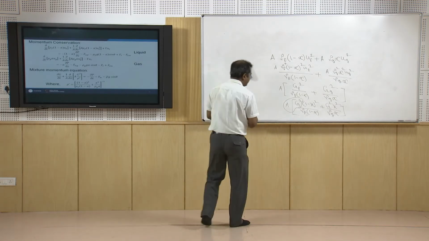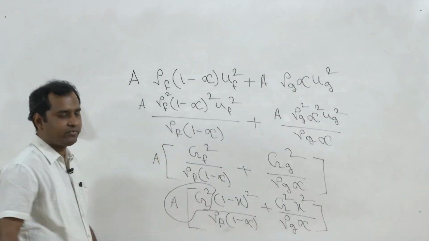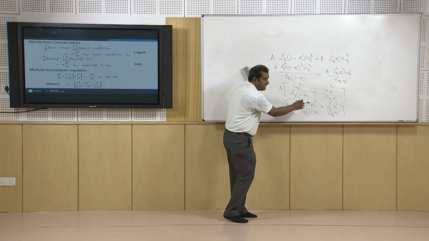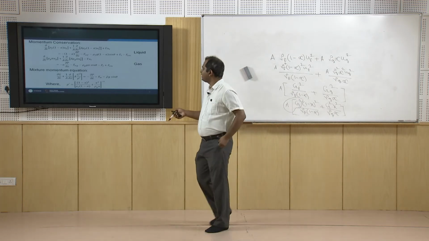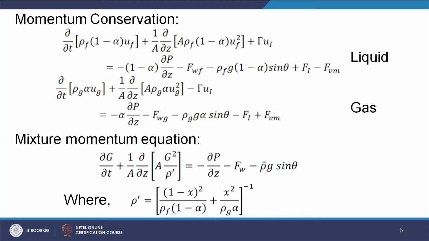That means if I consider this one as reciprocal of rho dashed, then you will be finding A G square by rho dashed over here in our mixture momentum equation. So, these two terms actually give us 1 by A del Z of A into G square by rho dashed, right.